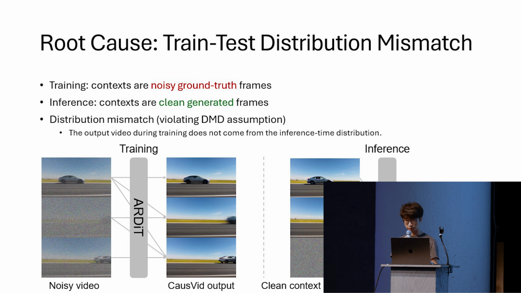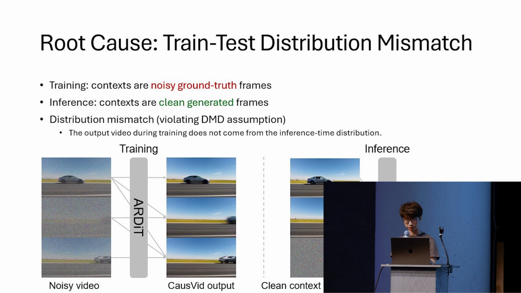But at inference time, you are asking the model to do a completely different thing. At inference time, you generate one frame at a time, and when you generate the current frame, all the previous frames are generated by the model itself, and also all the previous frames are completely clean. So it causes a distribution mismatch.